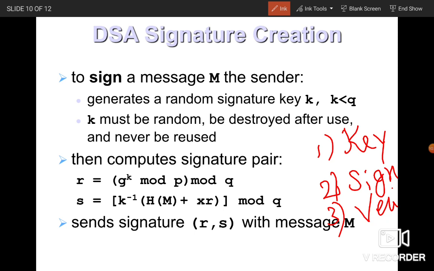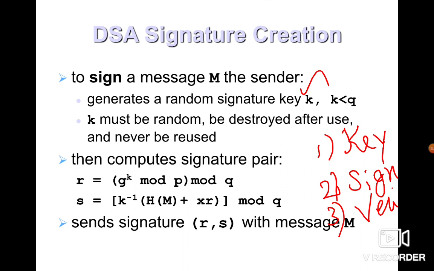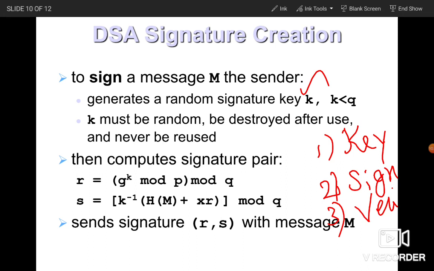To sign the message M, the sender generates a random key K. So K should be less than Q, and K is the random value, and every use we have to destroy K. We cannot reuse K. Okay. So then by using K and the global values, we compute the signature pair. As I told, every signature contains 2 components, S and R.